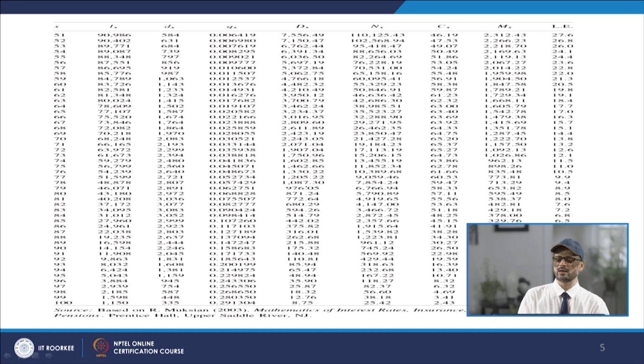We can even get things clarified from this table also: 25.42 plus 12.76 is coming out to be 38.18. So 38.18 plus 18.32 will be coming as 56.60. So basically it is a summation from any value dx and it will go till age 100, giving you the sum of all those values.